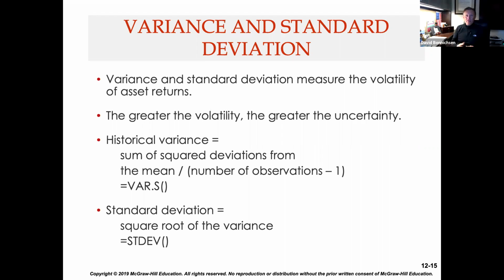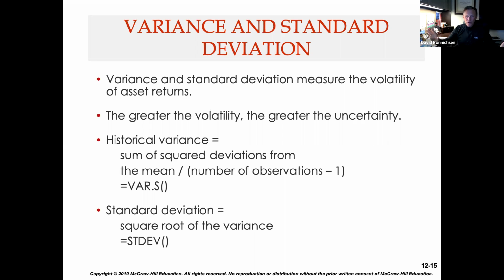So when we look at the historical variance, we're looking at what's called the sum of the squares. So we sum the squares of the deviations from the mean, divided by the number of observations that we've made minus 1. I'm not going to derive that. You should have learned this in your business analytics class or your statistics class, but nonetheless, Excel has a function that'll do all of this for you.